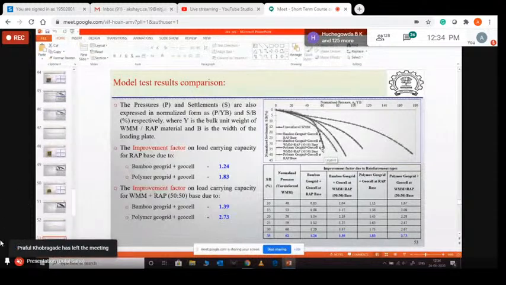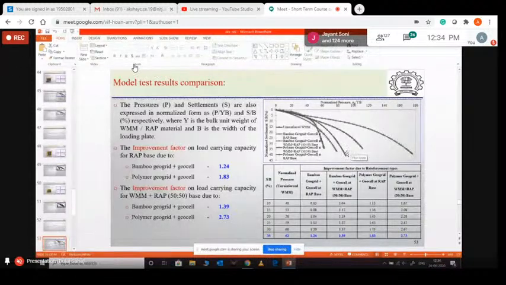If I use polymer geogrid and polymer geocell, my load carrying capacity increment is 1.83. But once I use WMM plus wrap, with bamboo geogrid and bamboo geocell it is 1.39, and with polymer geogrid and polymer geocell it is 2.73.